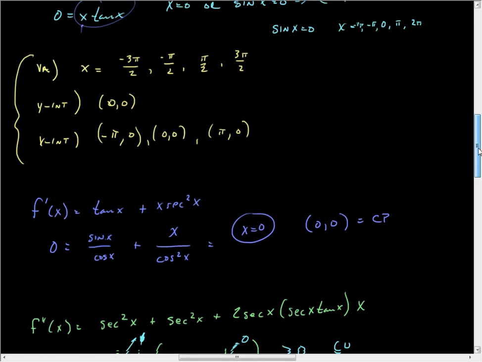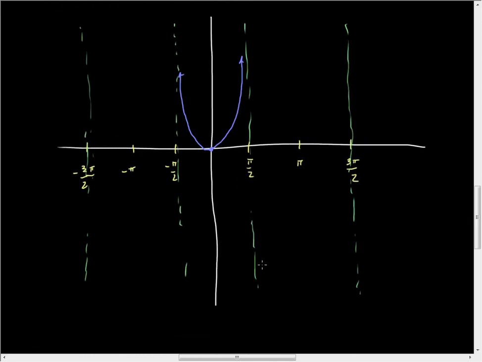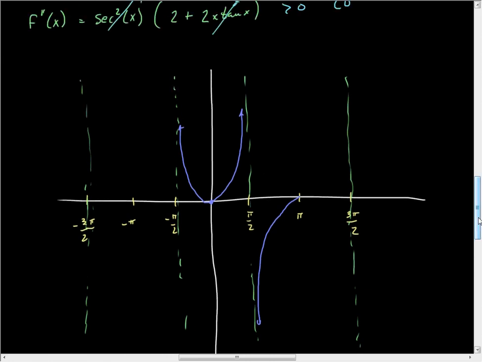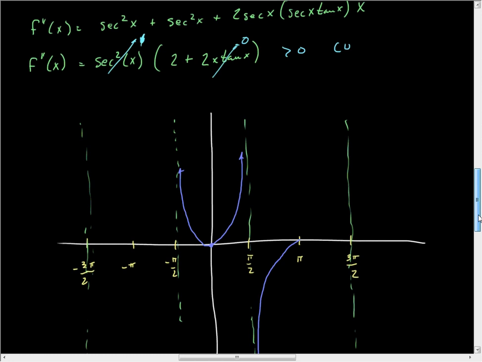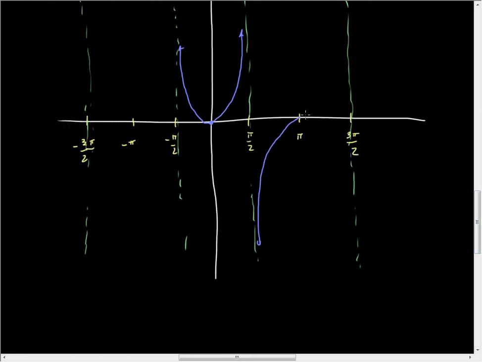So coming up here, that whole mess is going to be negative, and then it passes through pi. And now it says again, well, what happens after that? Well, once we hit pi, then we've got both cosine and sine negative, and x is positive, so we have a net positive. And so it really does start looking like tangent.